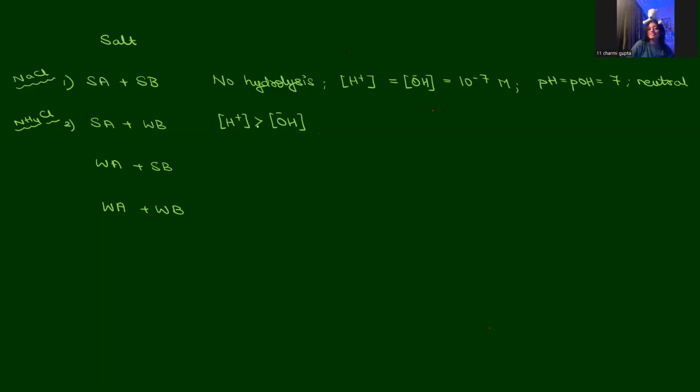So strong acid will give you more H plus, तो greater होगा. मतलब इसका pH will be less than 7. Solution will be acidic. And importantly, which ion of this salt is responsible for hydrolysis? Cation or the anion? Cation. Yes. So this type of hydrolysis is very importantly called cationic hydrolysis.